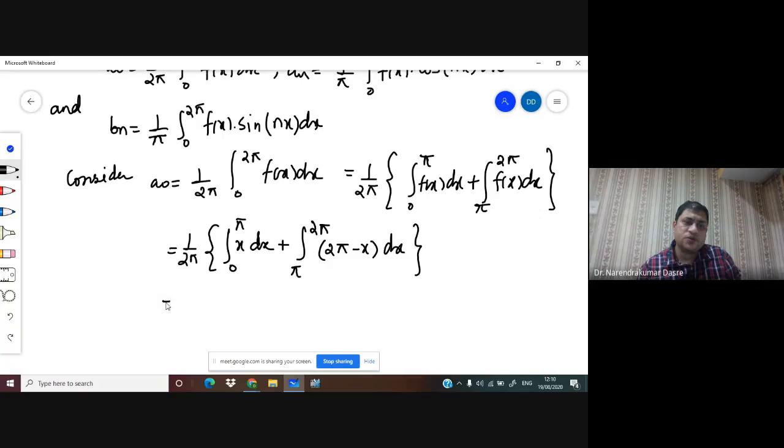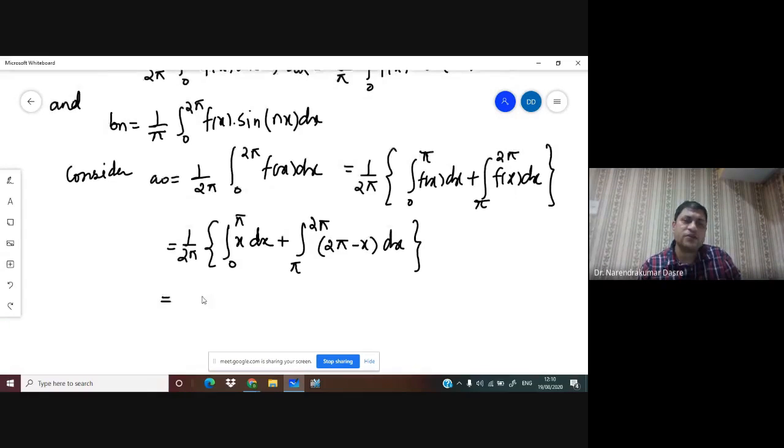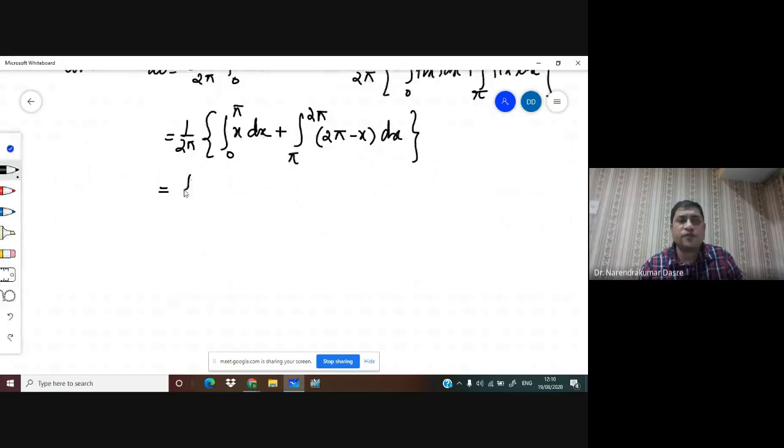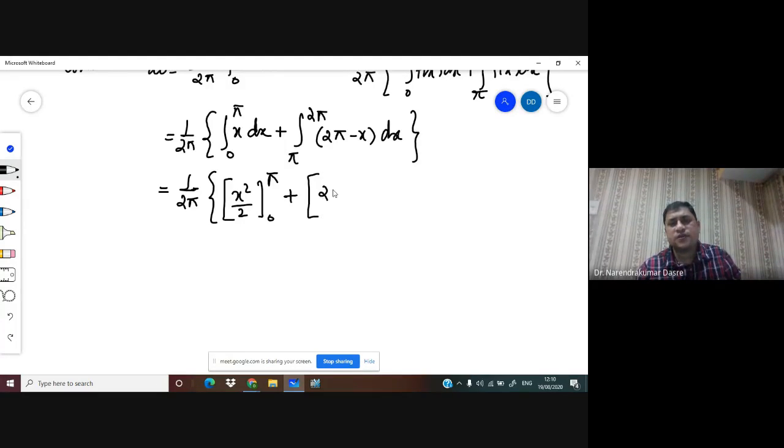Okay, so let us find the integral. It's easy. So we can have 1 upon 2 pi, and then here we have x square by 2 from 0 to pi plus 2 pi x minus x square by 2 from pi to 2 pi. Now this is 1 upon 2 pi.